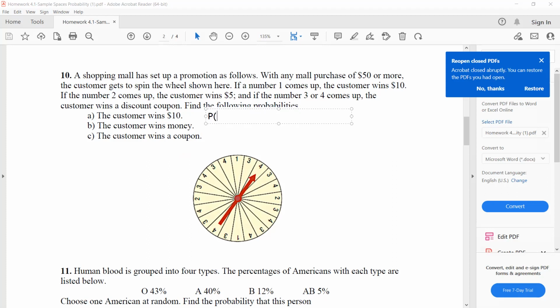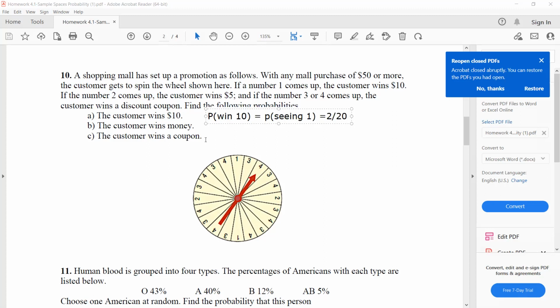So the probability that they win $10 is equal to the probability of seeing a 1, right? And how many number 1s are on the wheel? 2. There are 2 on the wheel out of 20, right? Be careful.